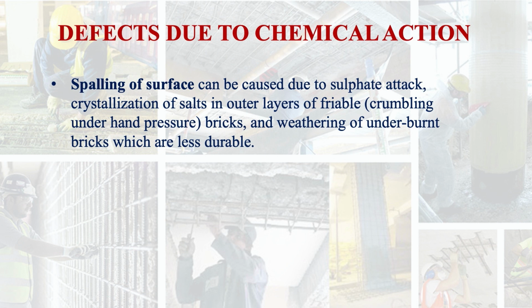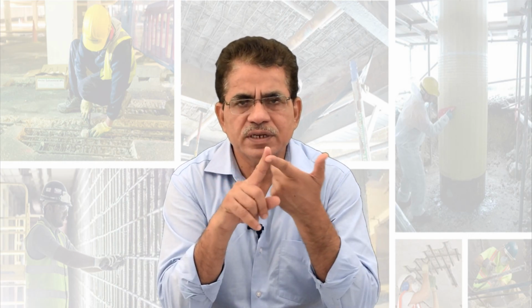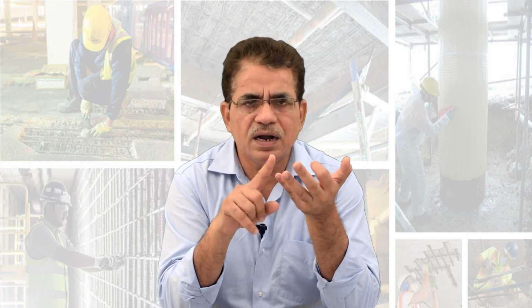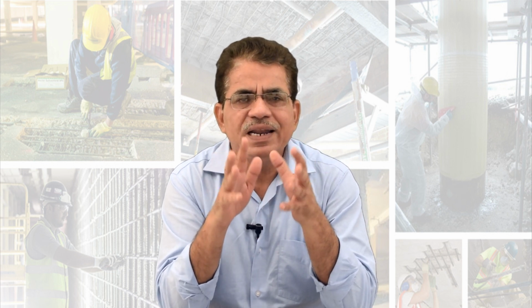Spalling of surface can be caused due to sulfate attack, crystallization of salts in outer layers of friable bricks, means the bricks which can crumble under the hand pressure only, and also weathering of underburnt bricks which are less durable. Means this effect can be seen in two cases. One is friable bricks and second one is underburnt bricks, because these two are less durable.